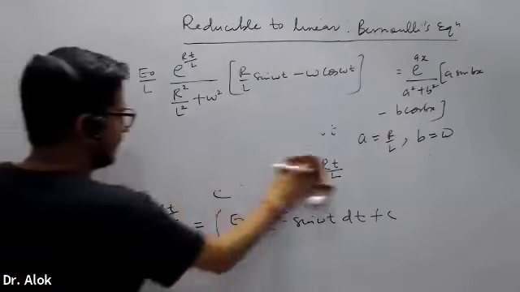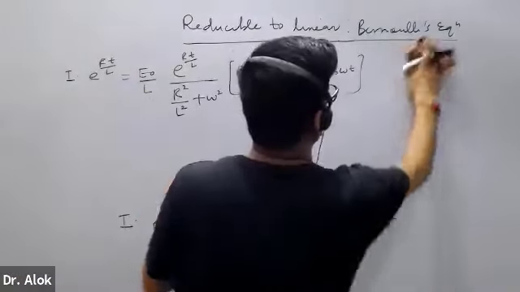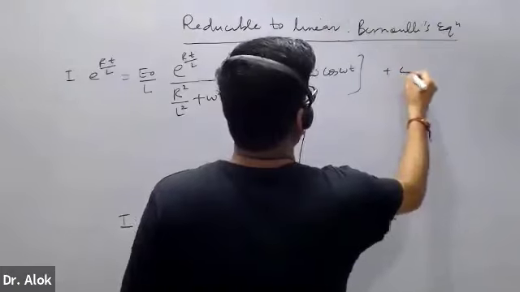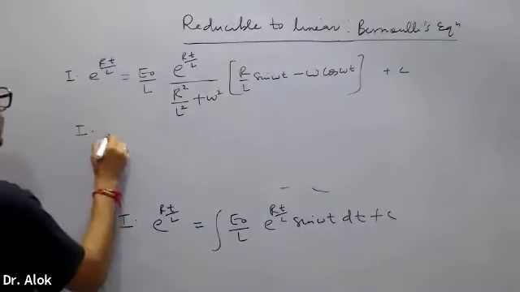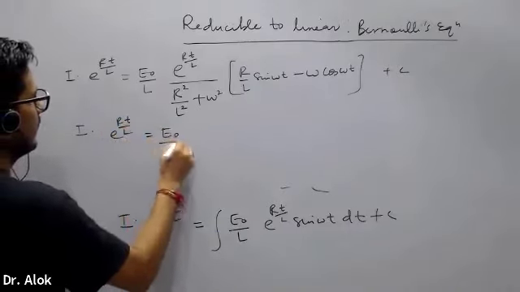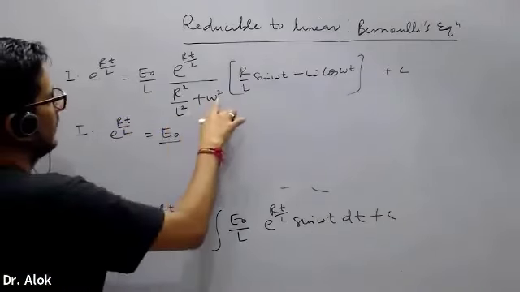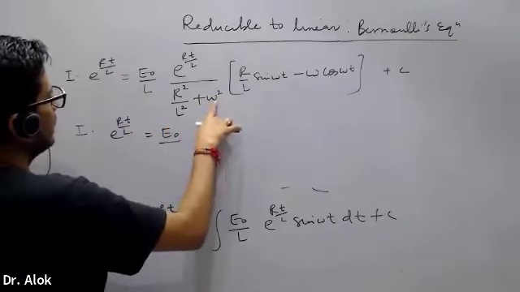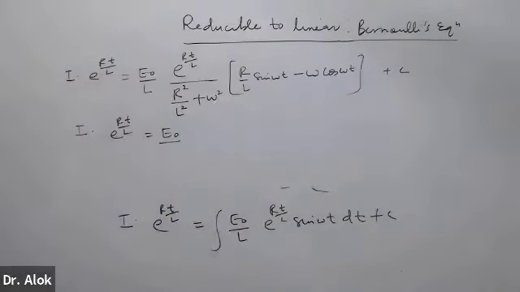Plus c is also there, and let me write it in a better way. E to the power RT by L, E naught by, so L is here. Please see this. Omega square L square, L will be multiplied, and can you see that one L will come here?